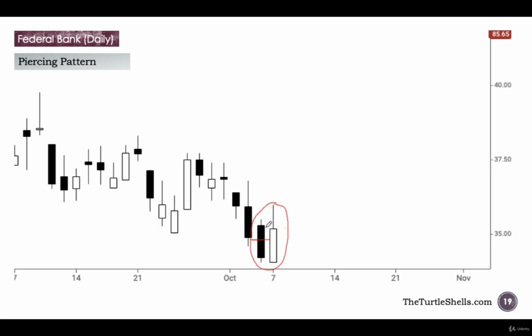One cause for concern is the shadow here. It's quite a long upper shadow, which indicates some level of bearishness. Usually for a piercing pattern, I don't look at shadows, but in this case, the candle doesn't have any lower shadow but has quite a good amount of upper shadow, so I take that into consideration, especially given the fact that this pattern is not confirming any prior support area.